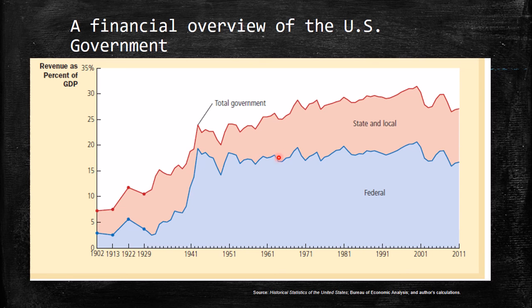After that, it is almost constant, at around 21-22%. So we have an important drop here, but naturally it kept around this average. So here we have the total of the government.